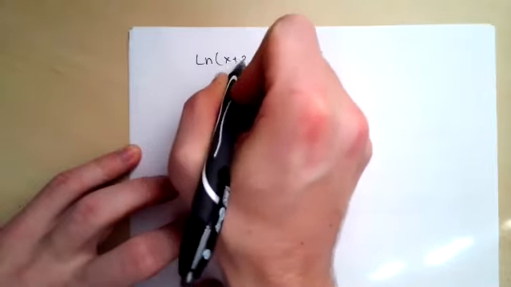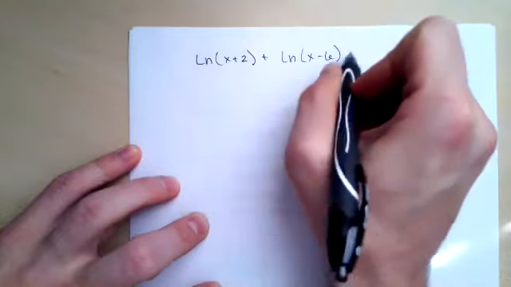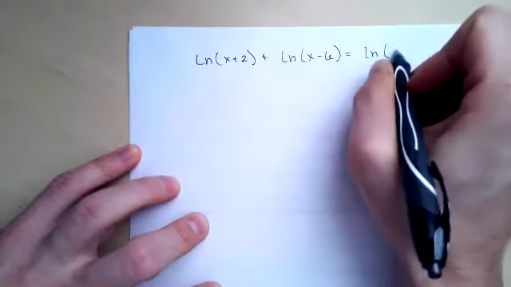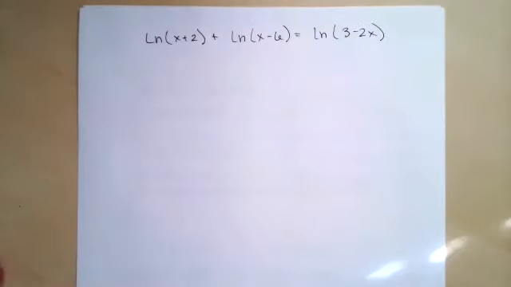So natural log of x plus 2 plus natural log of x minus 6 is equal to natural log of 3 minus 2x. This is what we had. Step one is isolating these logs, or having log equal to log on both sides. We want to use all of our properties of logs, everything we've been developing over the past couple days, Wednesday and Friday last week.